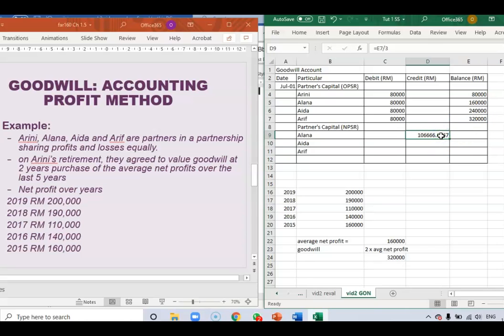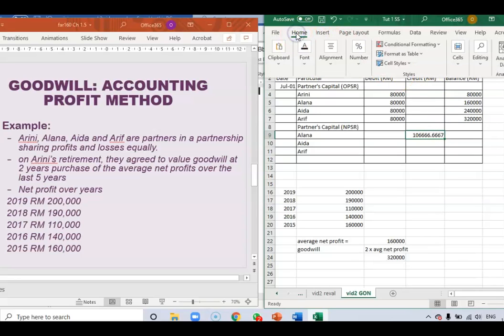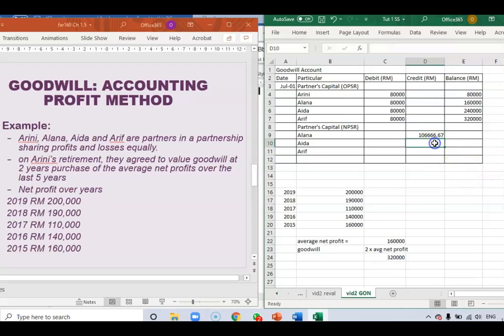This one should only have 2 decimal points. Is this the same as this amount?